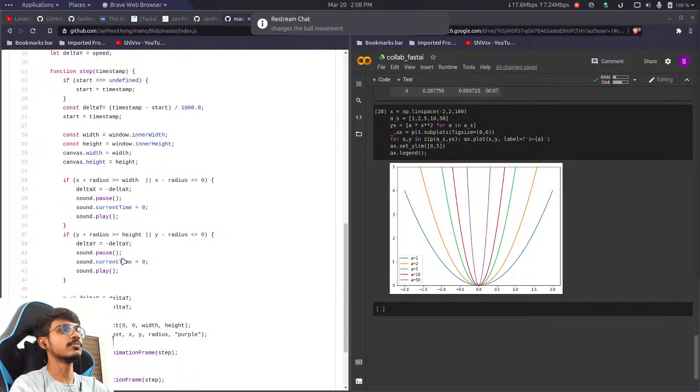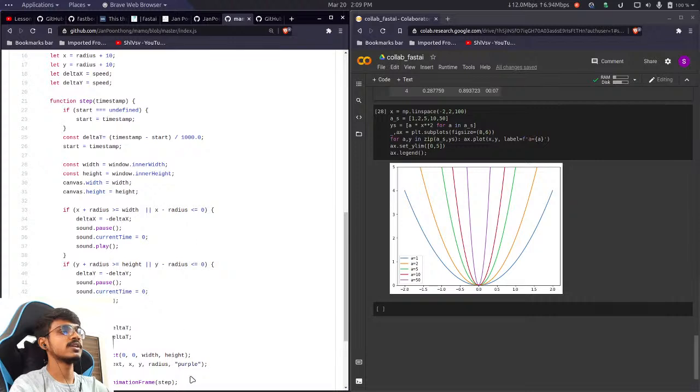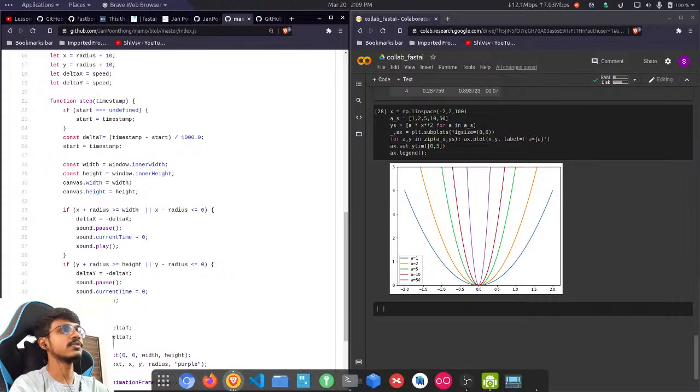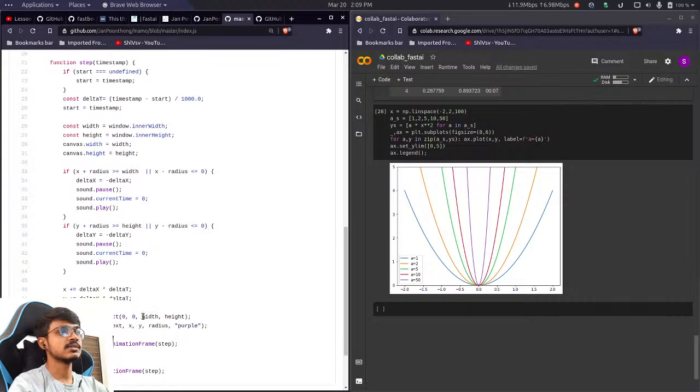Changes the ball movement. Okay, so that must be causing the problem, right? Because it changes the ball movement to negative. Okay, so opposite you mean, right? So if it hits the edge, then you are basically changing the direction. The logic is that it should bounce back, but instead of bouncing back, it gets stuck at the edges.